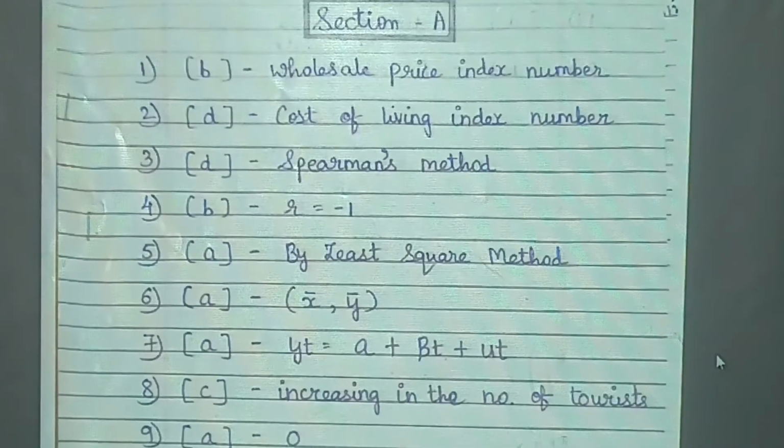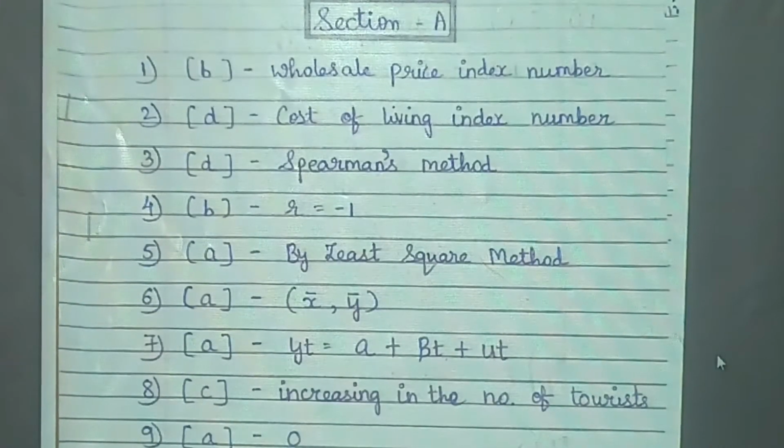As we all know, time management is very essential for completing the paper on time. So generally the time allotment for each section is, for example, section A. How to write section A?